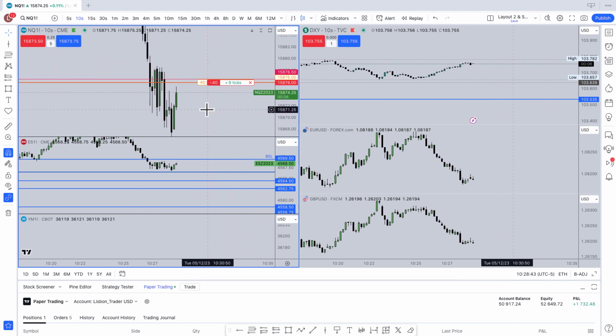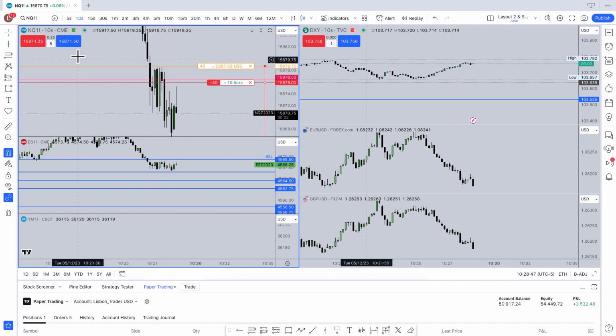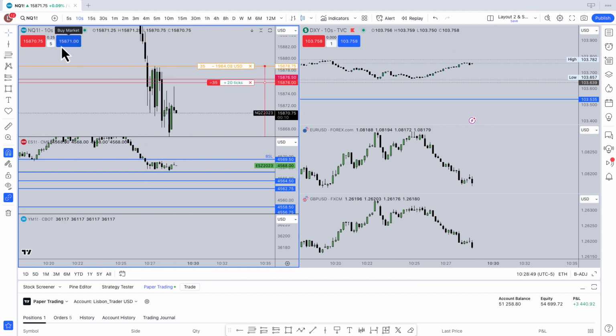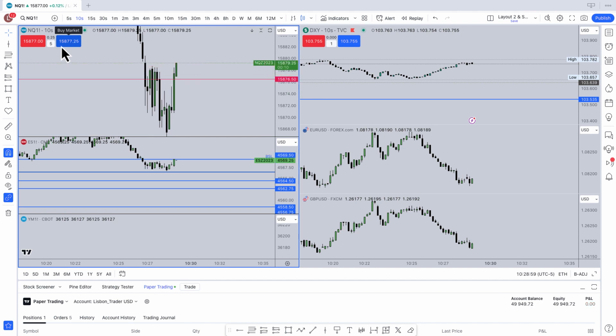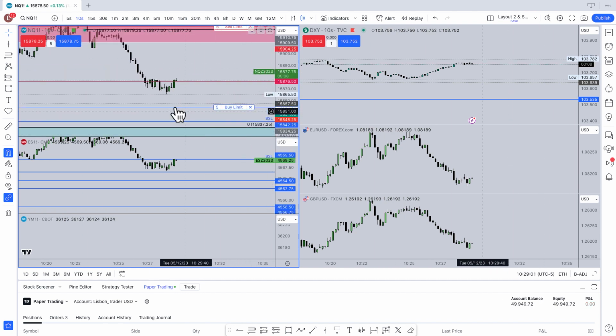It has been showing some sharp snapbacks. There. So, resuming lower.